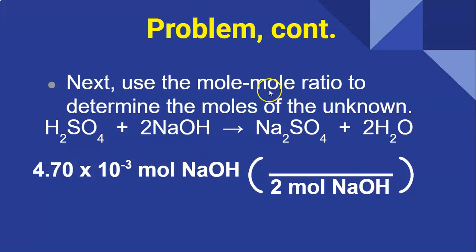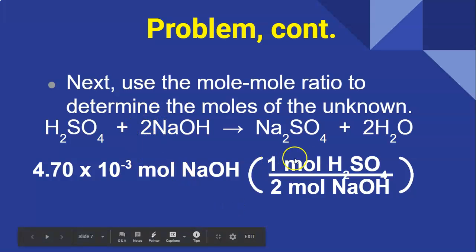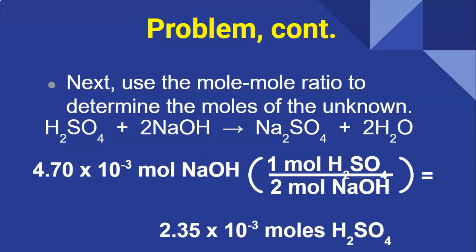And I'm going to look here, and my balanced equation has a 2. And then I'm going to put my moles of H2SO4 on top. And if you notice, I don't have a coefficient, so it's just 1. So I'm going to take 4.70 times 10 to the negative third, multiply it by 1 and divide by 2, and I get 2.35 times 10 to the negative third moles of sulfuric acid.